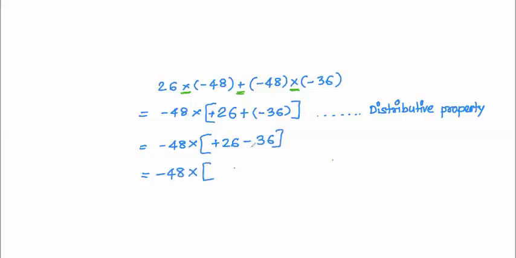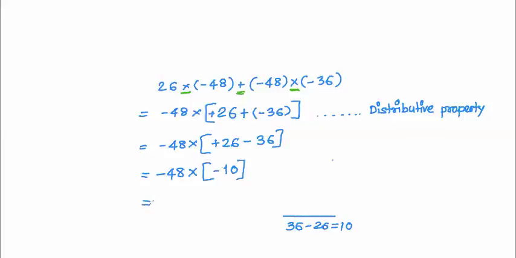It is different signs, which means subtraction. So subtraction, we'll do in the rough area. 36 minus 26 is equal to 10. So 10, we bring it back here. And what is the sign of this answer? The sign will be the sign of the greater number. Between 26 and 36, 36 is the greater number and its sign is minus. So we'll use minus 10 here.